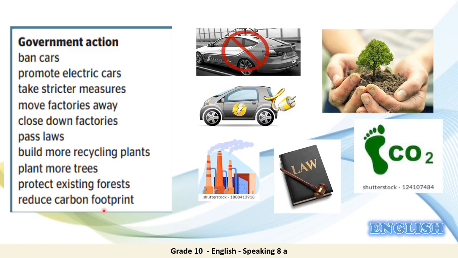And as you know, that carbon footprint is the total amount of greenhouse gases that are generated by our actions. Now, can you think of more actions that should be taken by governments?